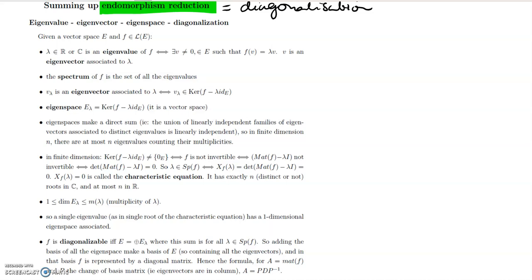So we're going to assume we've got a vector space E and we've got a map F that is a linear map from E to E. Okay, that's an endomorphism. And reduction, it's just that we are looking for specific properties of this endomorphism. We are looking for specific directions, if you remember what you did with eigenvalues. And if you remember, that would lead to diagonalization in finite dimension for matrices.